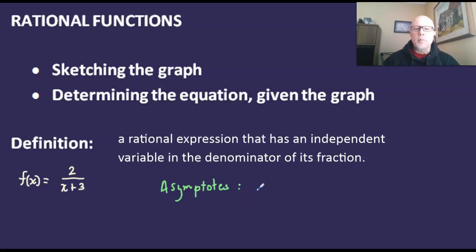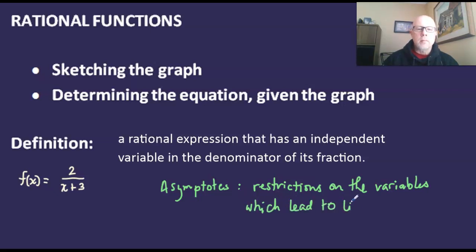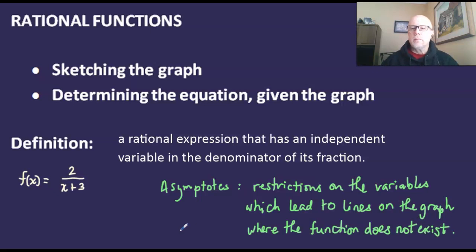So asymptotes are basically restrictions on the variables, which lead to regions, or in this case lines, where the function does not exist. So if we could identify the restrictions on a function, then we can address this feature called asymptotes.